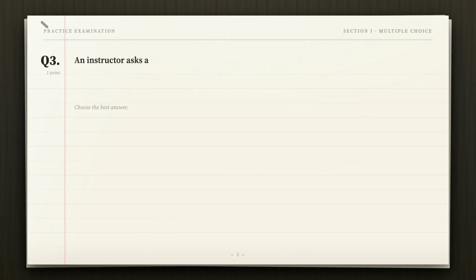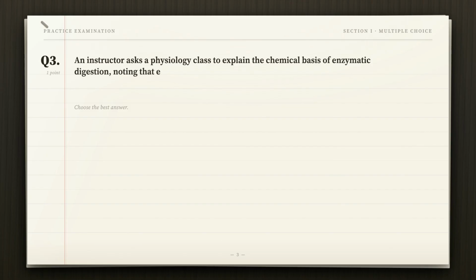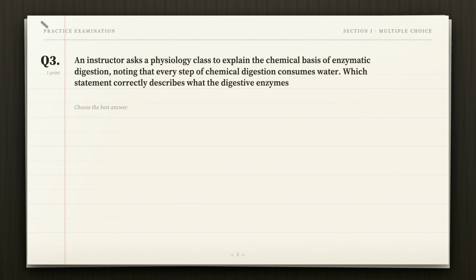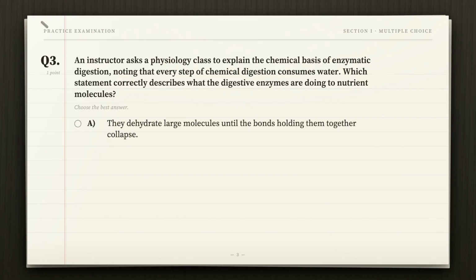Question 3. An instructor asks a physiology class to explain the chemical basis of enzymatic digestion, noting that every step of chemical digestion consumes water. Which statement correctly describes what the digestive enzymes are doing to nutrient molecules? Your options are: A. They dehydrate large molecules until the bonds holding them together collapse.